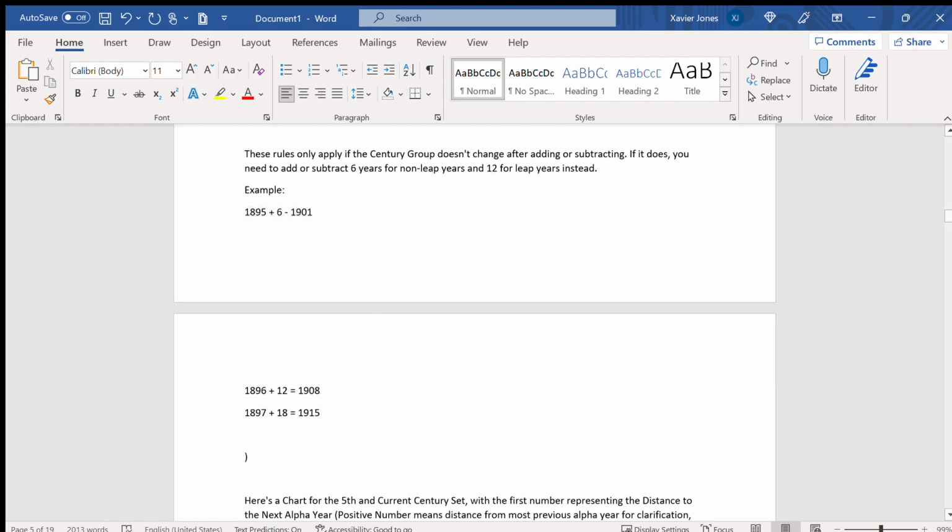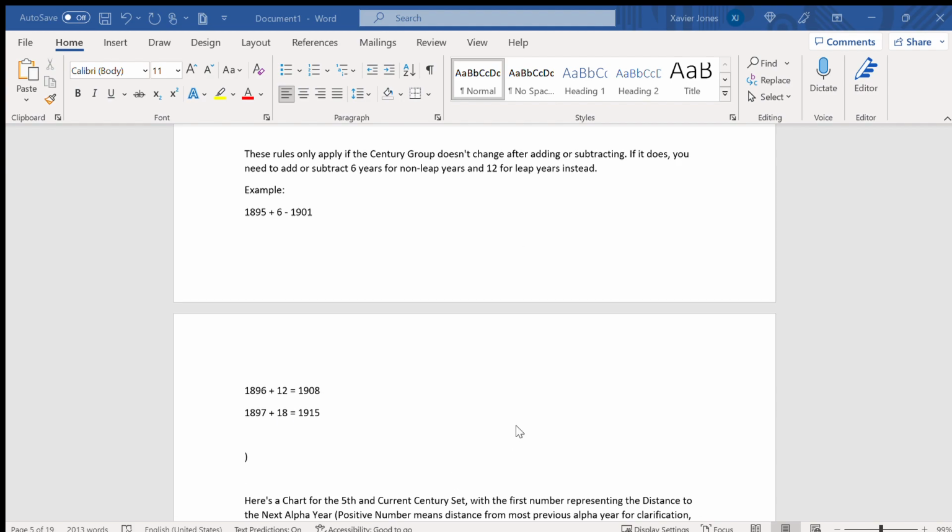So if we add 12 from 1897, that would basically be this minus 6. So 1909, if I'm not mistaken. That does work. So you can add 12.